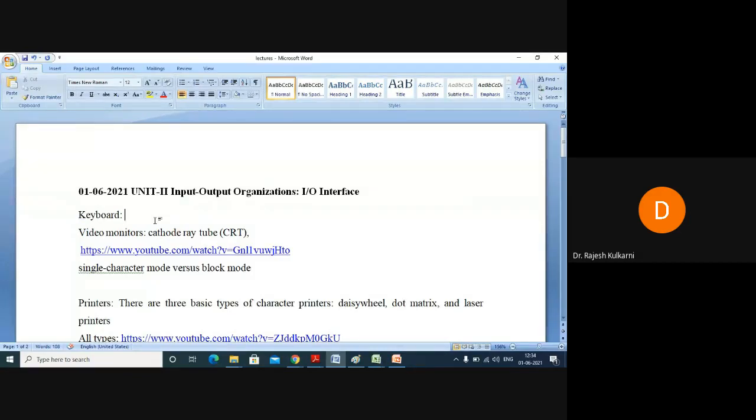The speed depends on the person operating the keyboard. Suppose my speed is only, let us say, 20 or 15. Somebody's speed is 40 or 50, but still there is a limitation. If you compare the speed at which input is given and the speed at which the CPU processes the data, there is a very large difference between these two speeds.